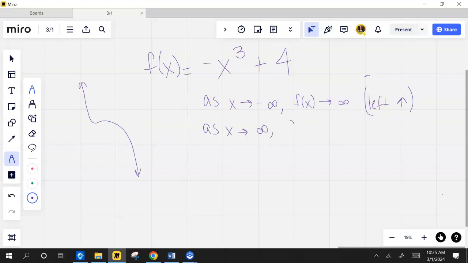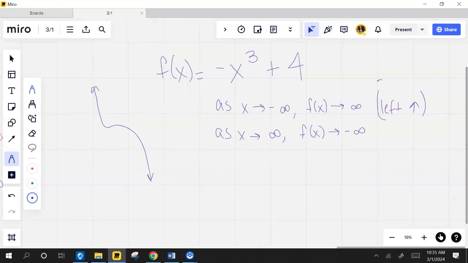Negative infinity. Where are you getting negative infinity from? Because it's going down. That's exactly right. It doesn't matter.